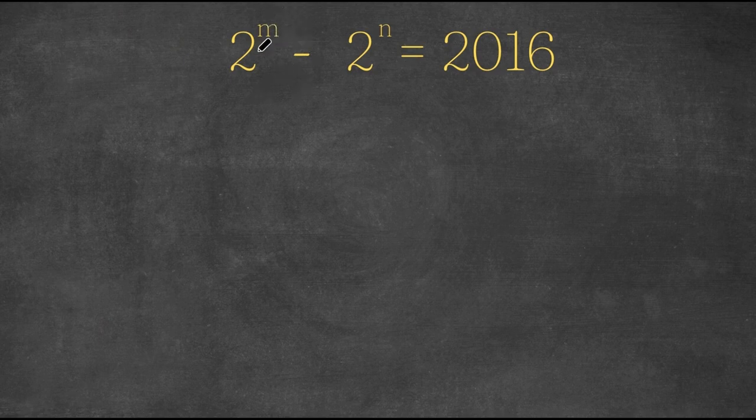Because 2016 is positive, we know that m has to be greater than n. Because if m was smaller, this would actually be negative, and if n was greater than m, this would actually be negative 2016.